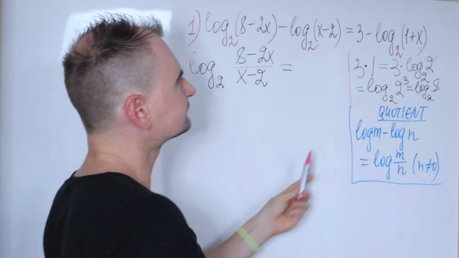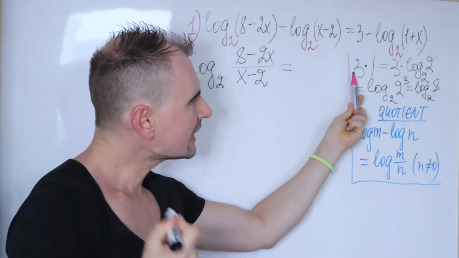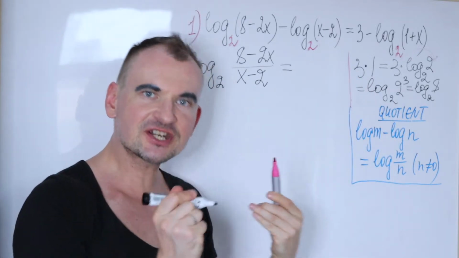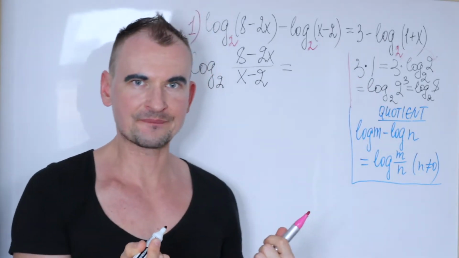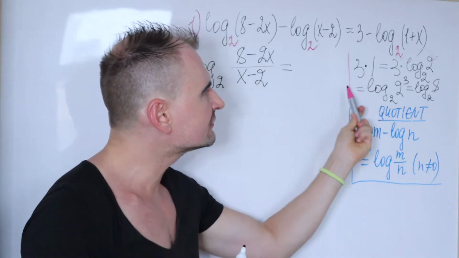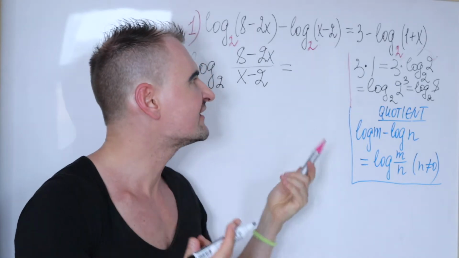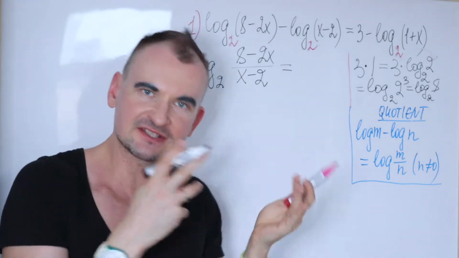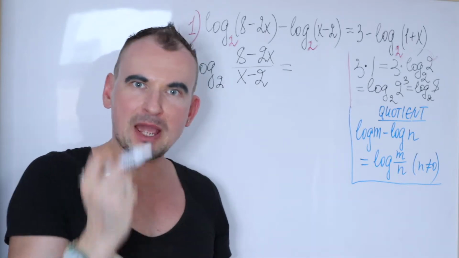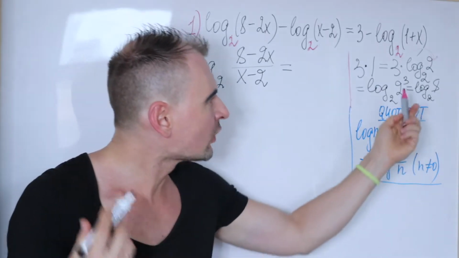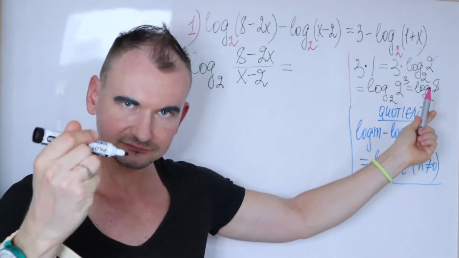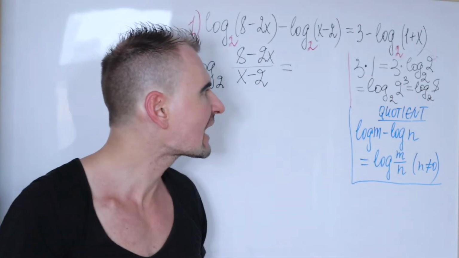So again, any number, any constant can be turned into a log by using the fact that any number can be thought of as that number being multiplied by 1, and 1 can be thought of as a log, to the base that you are given, of the same argument.